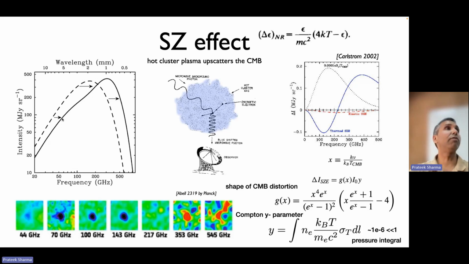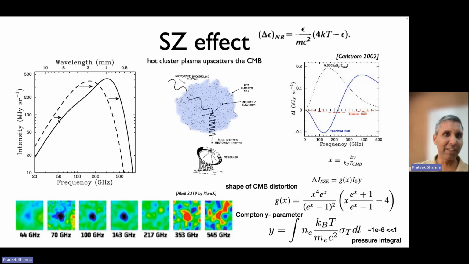For the CMB photons which have gained energy from these electrons, the frequency has been shifted up for those interacting photons by this much: delta E by E gets shifted up by 4 kT by m c squared.